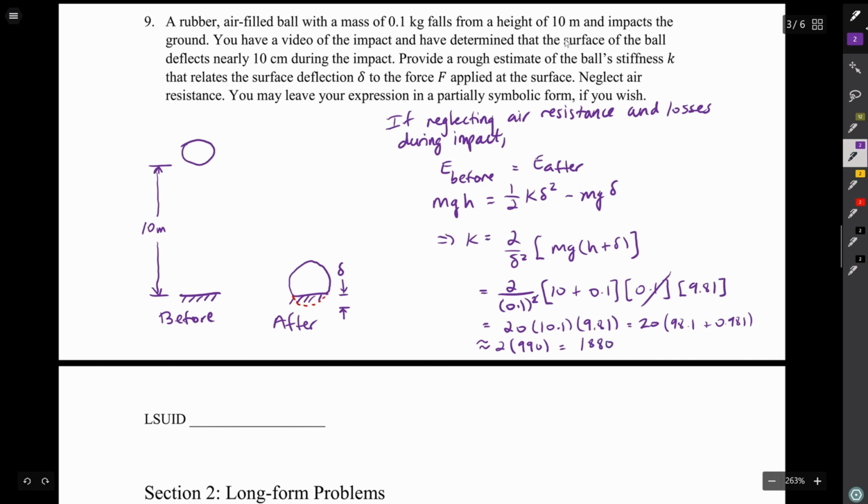We finally work our way to an answer of 1,980 newtons per meter stiffness.